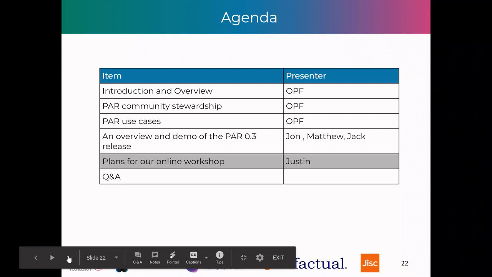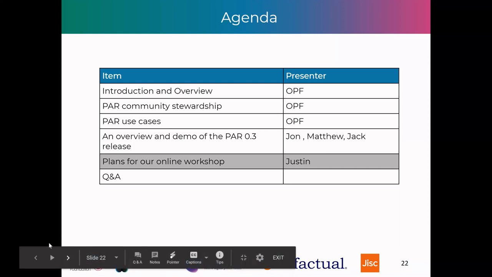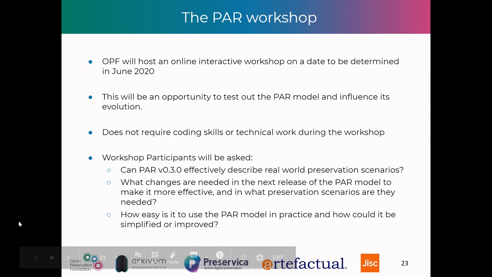Yep. Hello. So we're going to talk now about next steps that we have planned for working on the PAR schema or PAR definition. We're planning, through the OPF, to host an interactive workshop online in June. At that webinar, we're planning to test out the PAR model in more detail.